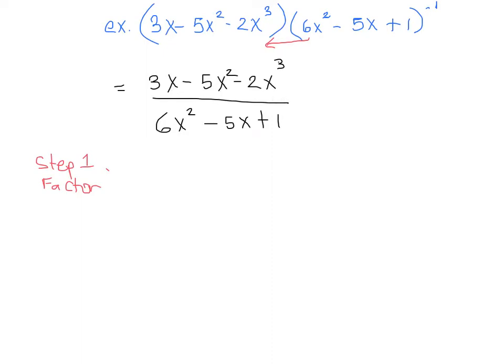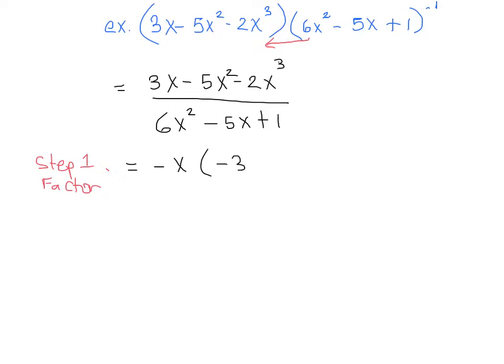However, I'm not going to just take out an x, I'm going to take out a negative x because I want this term to end up positive because that will make my life easier ultimately. So let's take out negative x. So negative x on the outside, and now we're going to divide each of these terms by negative x. So when I divide 3x by negative x, I get negative 3.